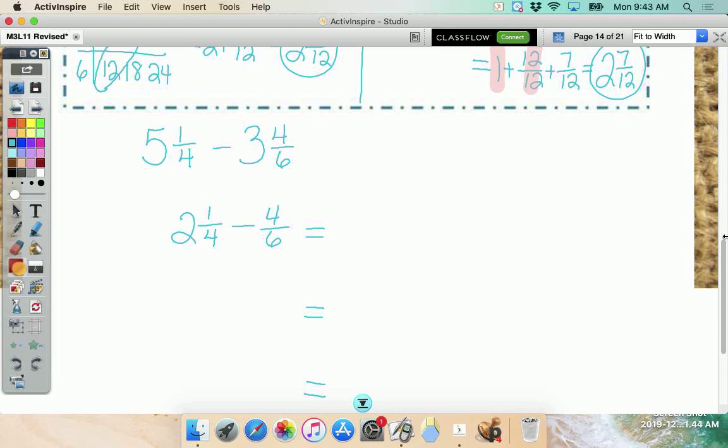Now, I need to decide, can I write 2 all the way down, or do I need to decompose it? Study the fractions carefully. Okay, I'm going to draw 1/4. And I'm going to draw 4/6.